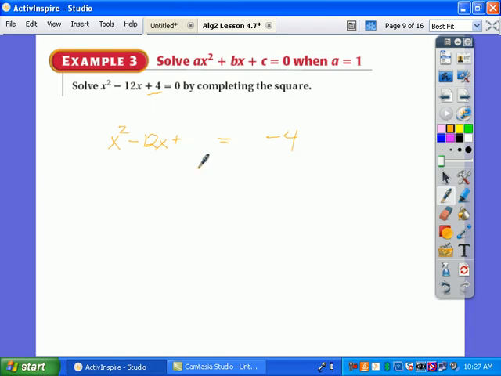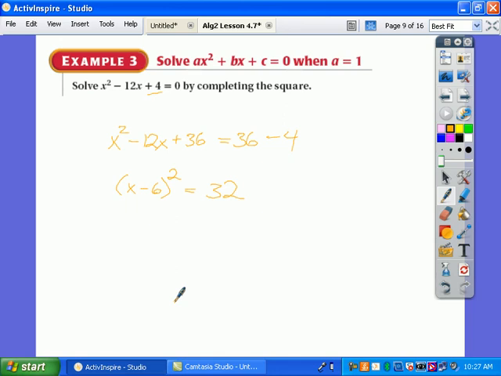The number we should add to both sides is 12 divided by 2 squared, so 36. I'll add 36 to both sides because whatever I do to one side, I have to do to the other. Now I can factor the left-hand side as x minus 6 quantity squared equals 32. And now I'm ready to use the square roots method from here.